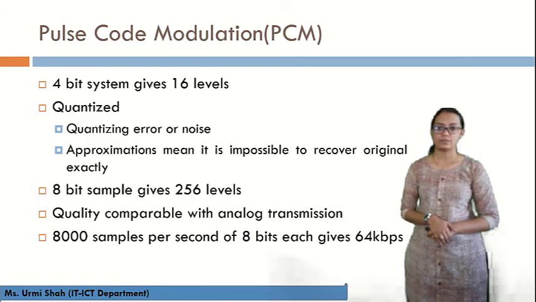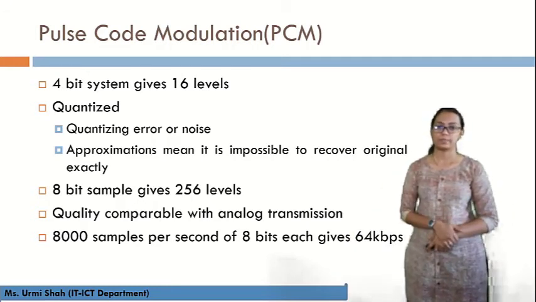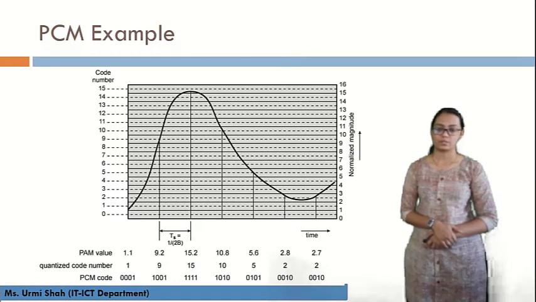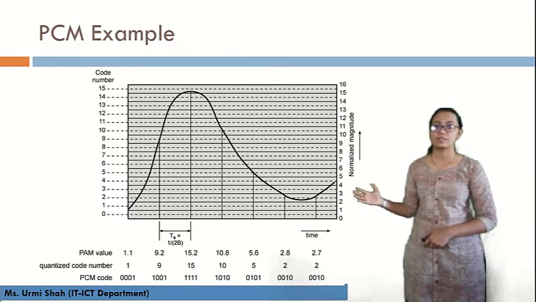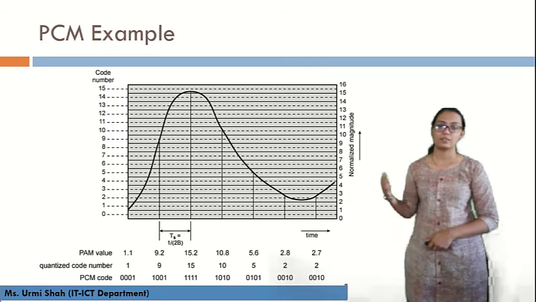An 8-bit sample gives 256 levels and a quality comparable with analog transmission. 8000 samples per second of 8 bits gives 64 kbps speed. So this is how the analysis can be done for pulse code modulation. This is the graph which represents the PAM value, quantized value and the PCM code value. This is how you can determine it via PCM.